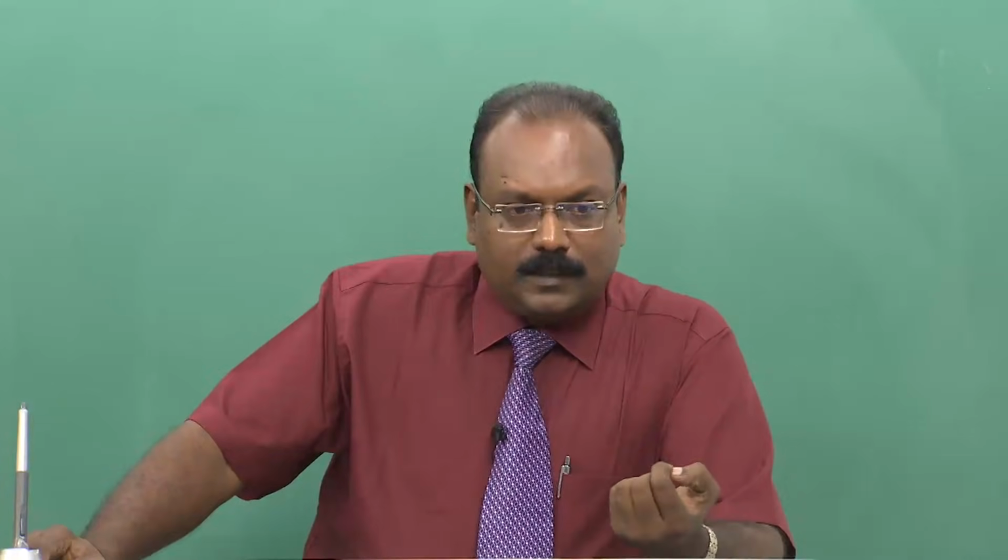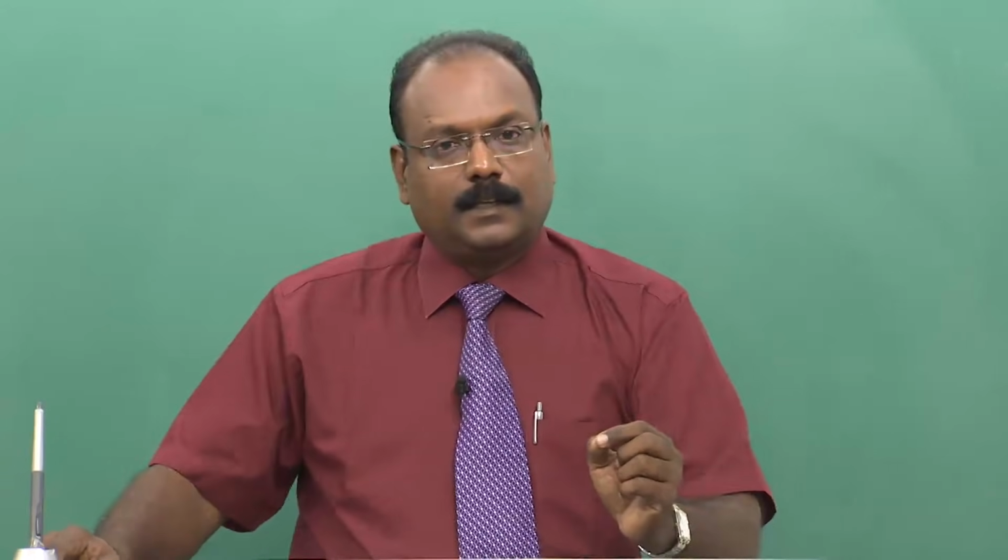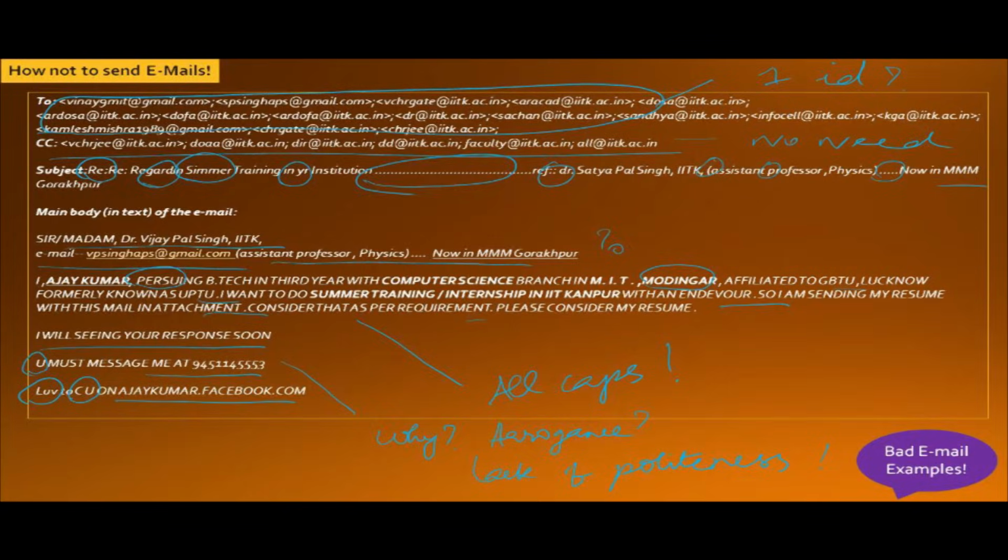Now, look at the subject. He has written "re". Actually, he has used some mail again and again, got the email IDs. Although it is the first mail he is writing, he has written "re", indicating reply, but it is not a reply. Then regarding summer, a spelling mistake, "simmer" he has written.